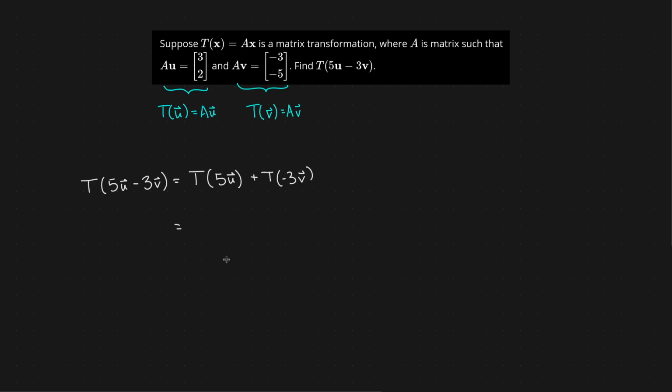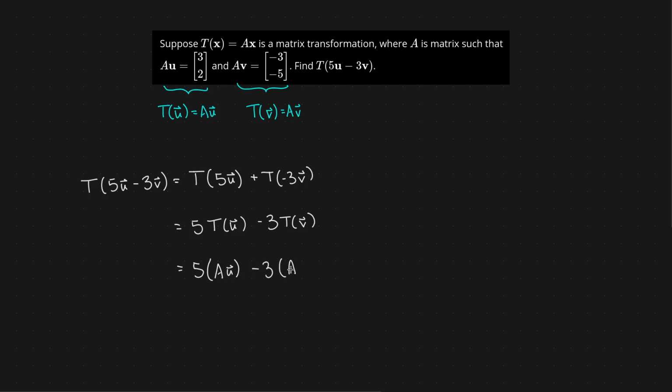Okay, and then also by linearity, I could pull out the scalars. And so I have 5 times T of u minus 3 times T of v, and I know what T of u and T of v are, right? By definition, T of u is A times vector u.